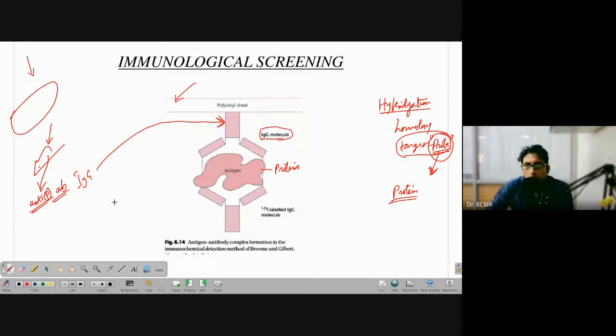One more thing you need to remember is we have an antigen, and the antigen will have multiple epitopes. Let me rewrite it. What is an epitope? An epitope is the region to which the antibody binds, right? Here I have an antigen, and each of these regions that I'm putting here, this is one epitope, this is another epitope, and this is another epitope.